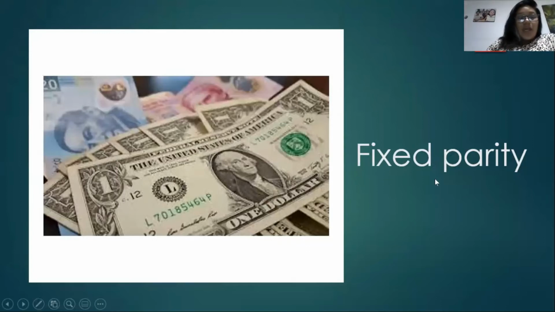Fixed parity is one in which the value of the currency remains unchanged over time in relation to another reference currency. It means that the value of the currency remains unchanged over time with respect to the value of another currency or some other indicator, such as the price of gold.